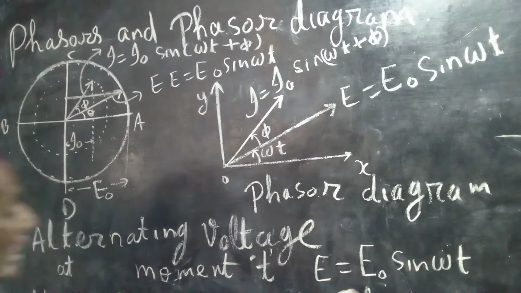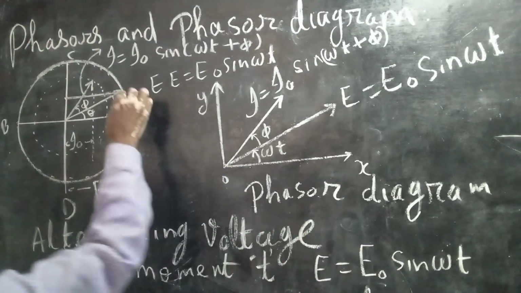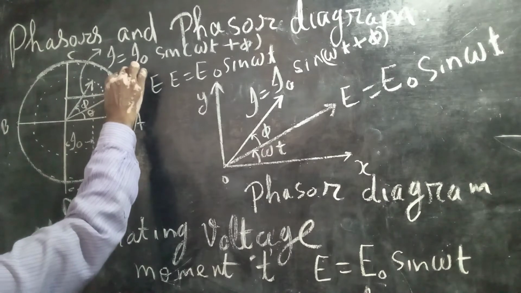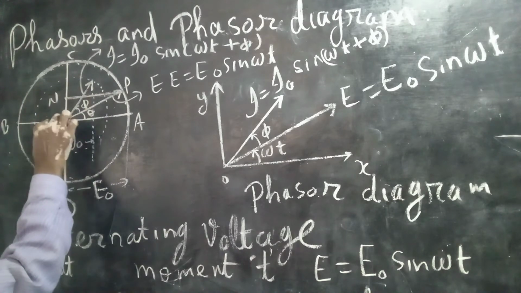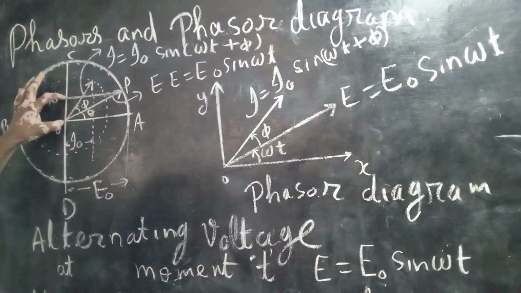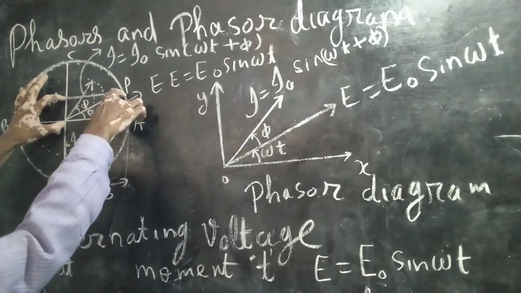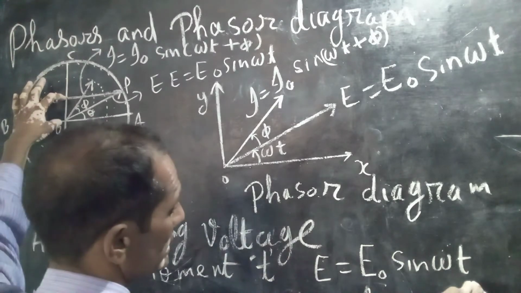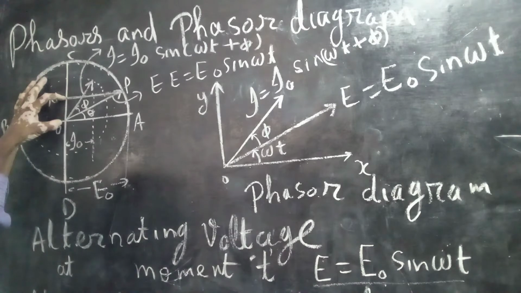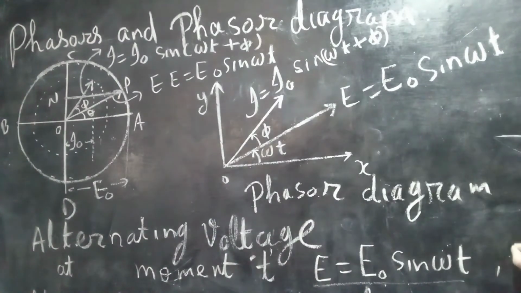To find it, we draw a perpendicular from point P on the diameter CD. You get PN, and ON gives the magnitude of alternating voltage at moment t. This length is the projection of vector E. Thus this voltage changes periodically and can be expressed in terms of projection, so it is known as a phasor. Alternating voltage is a phasor.